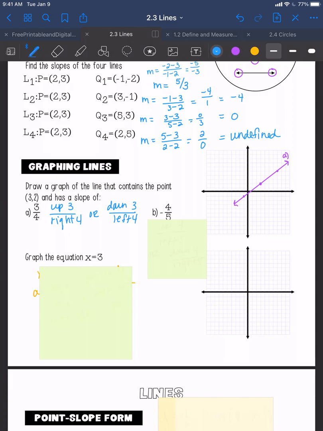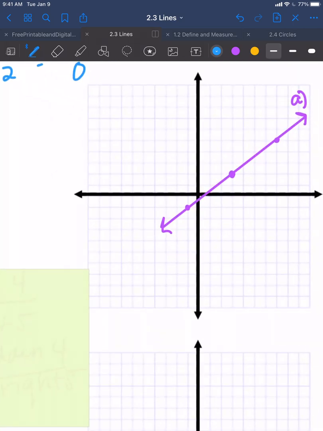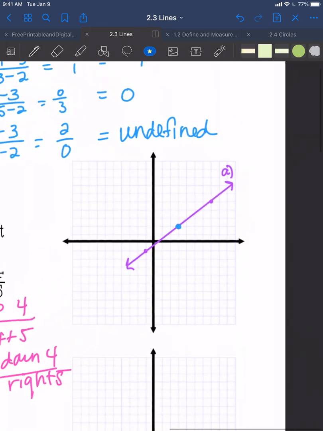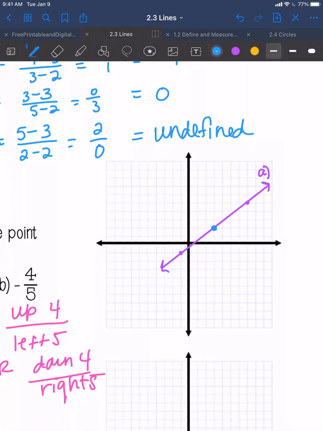Same thing for the next one. We're going to go through the point 3, 2. So there's my point 3, 2. From that point, my slope is negative 4/5. So since it's negative, I can go up 4 and left 5. Or I can go down 4 and right 5. So negative 4/5. I can go up 4, left 5.